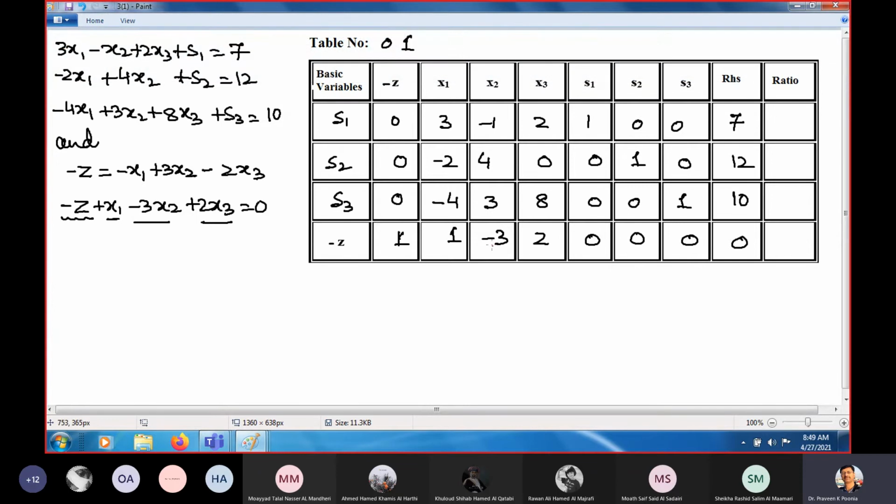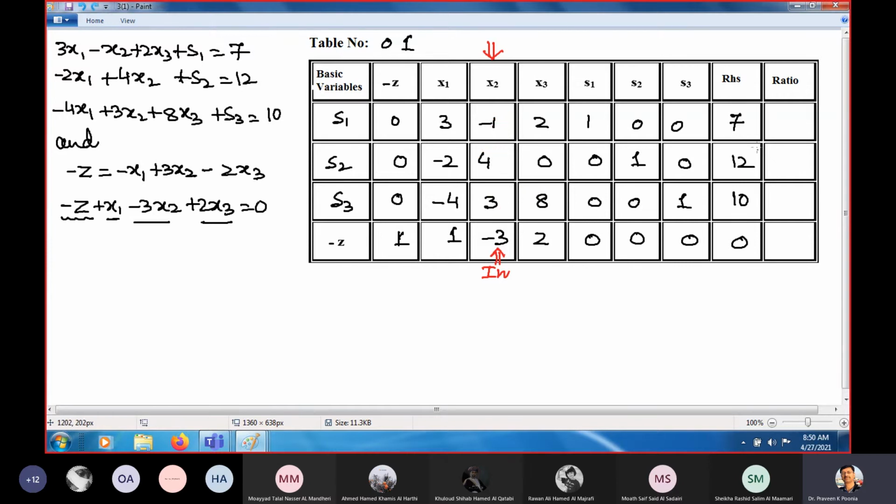Now, table number 1. Search, is there any negative here? Yes, only one negative, and that is minus 3. So this x2 is going in. You need to check: here is negative, so this will not be considered in the ratio. Only these two will be considered.